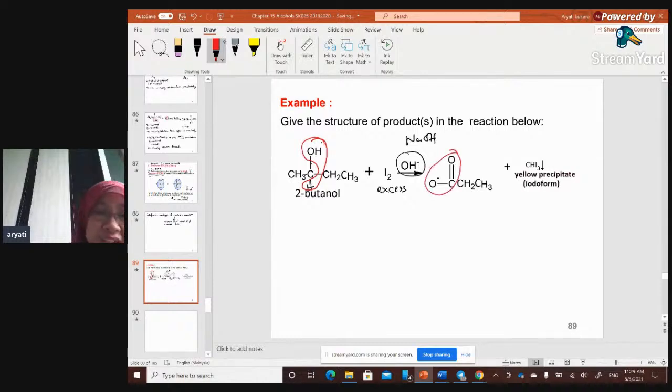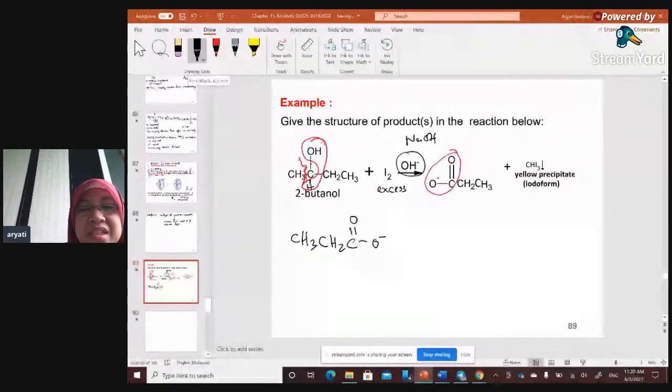So dia akan ada bond cleavage kat sini. So dia akan jadi sebenarnya CH3, CH2. Okay, dia bond cleavage jadi C double bond O. Bila dia clash kat sini, dia jadi OH.